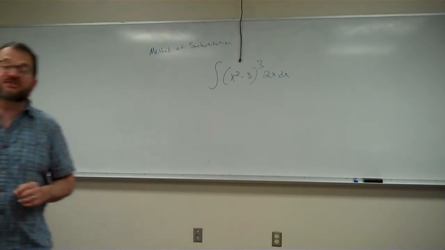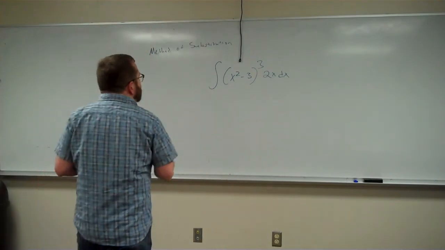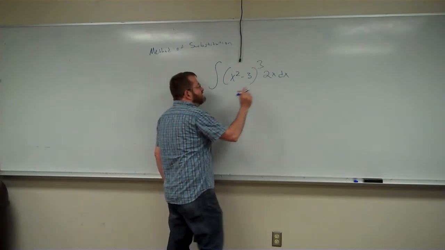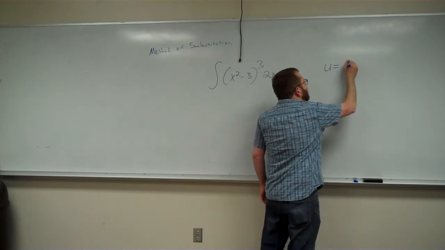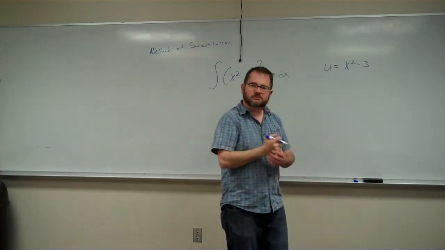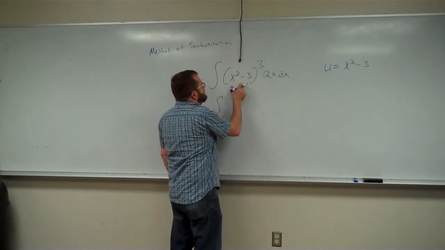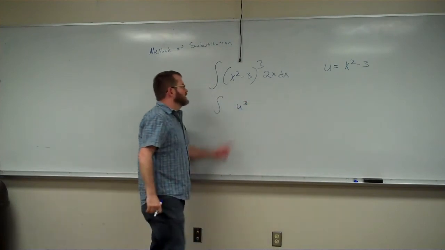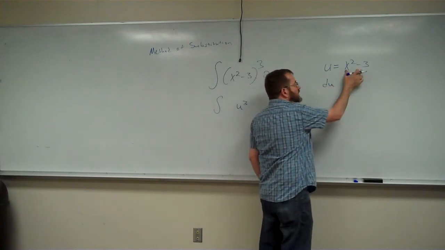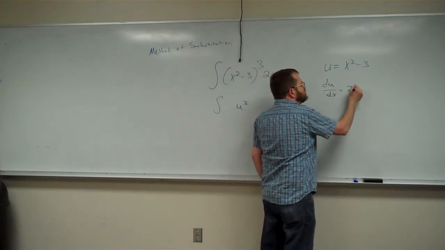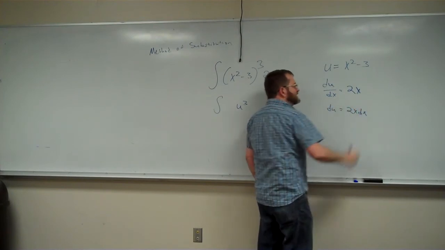Again, in some of the problems, they're going to give you the substitution, and in some you have to figure it out yourself. Let's keep playing the game where we're pretending they've given it to us. I'm going to give you here that the substitution u is x squared minus 3. So right off the bat, I can see this integral just has a u cubed in there. Now the derivative of this thing over here with respect to x is just 2x, or we could take that dx over to the other side, 2x dx.